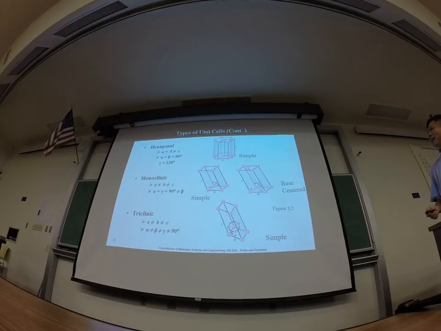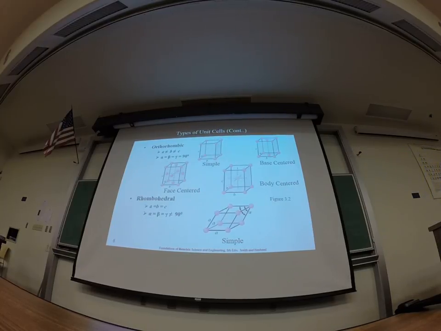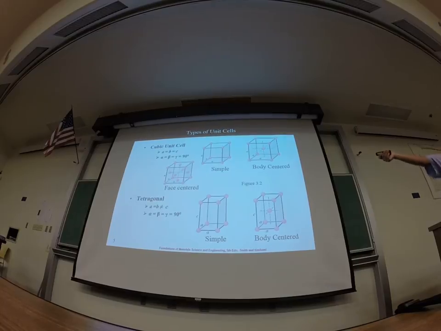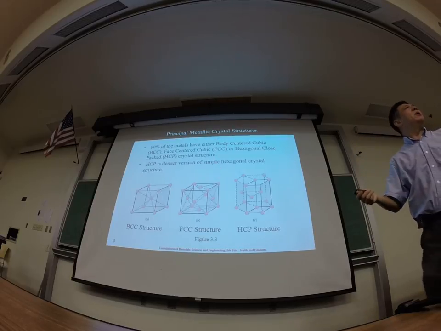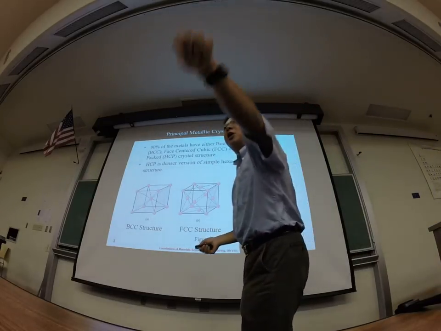Today I want to mostly focus on the simple cubic structure because it is the simplest case, right? So we will first discuss this one, and then we will discuss the body-centered and face-centered, and then go to the hexagonal type, where the atoms are more close-packed.